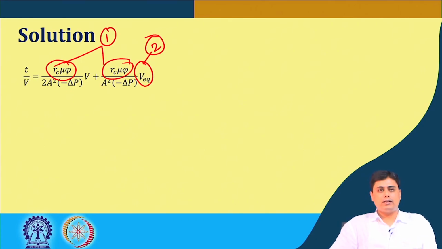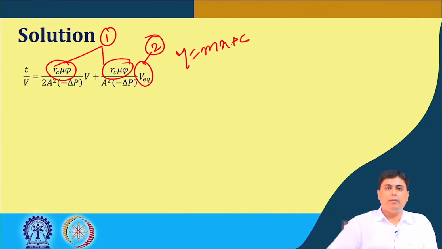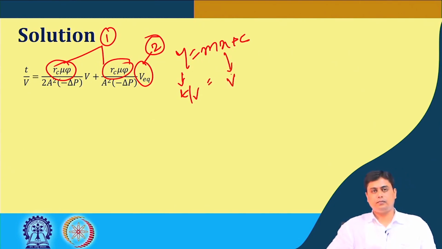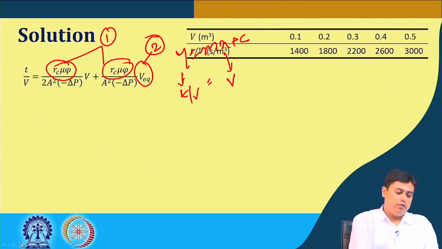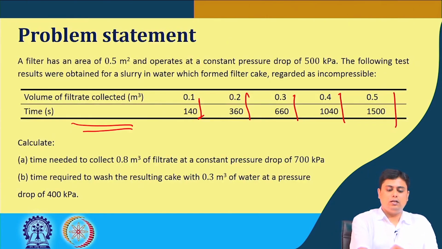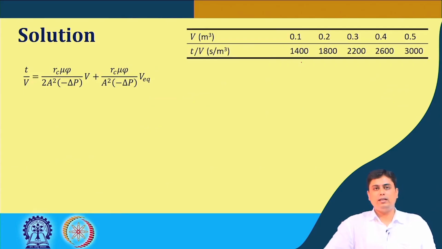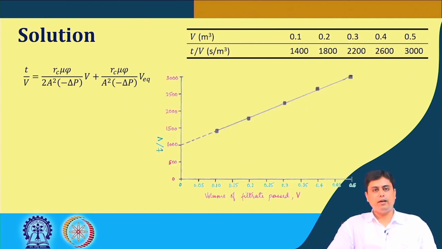Now you have the t versus V curve. As I mentioned, this represents y equals mx plus c, where y is t by V and x is V. So if you convert the given data to V and t by V, because volume is given and time is given, then we find t by V and plot it. Again, this is a schematic, not to scale.